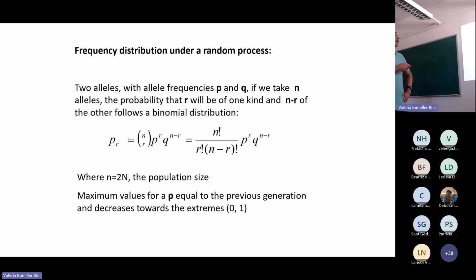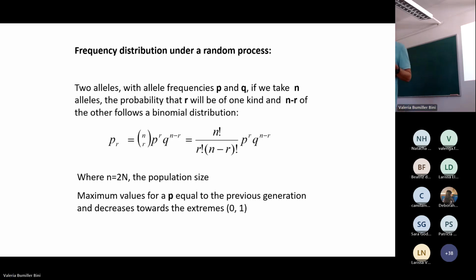The probability that R will be of one kind and the rest will be of the other kind follows this binomial distribution, which is a combination of n elements taken R times P to the R and Q to the n minus r. So this is exactly the same. This is just the definition of this operation here.